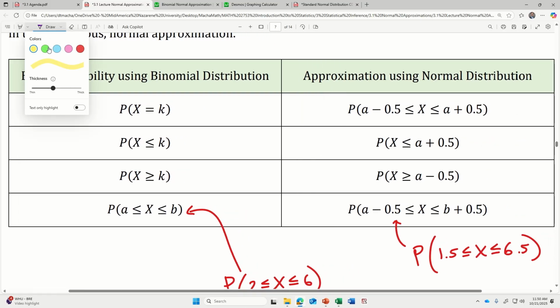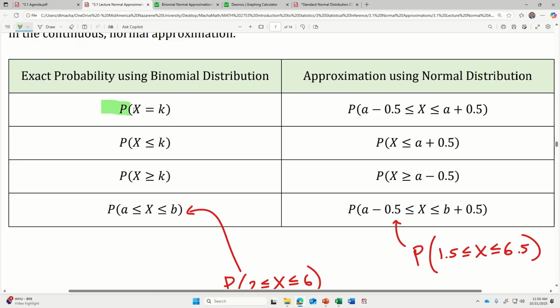We just talked about how to take an exact outcome probability from a binomial distribution and add a little bit of padding on either side and use the normal approximation. I'm going to give you other examples in your homework about how to do these other rows on the table, right? Different probabilities from the binomial translate to different probabilities from the normal, but you can use that as a guide, hopefully, to figure those things out.